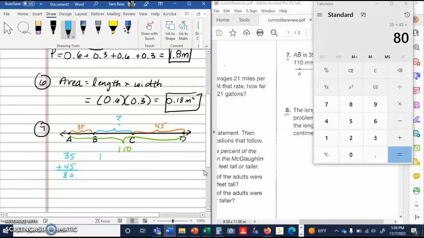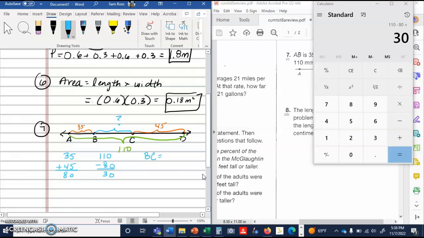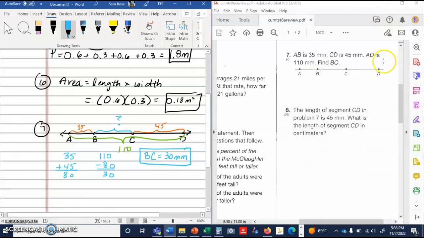And then I'm going to subtract, and I get 30. So BC is equal to 30 millimeters. Please let me know if you have any questions about that.